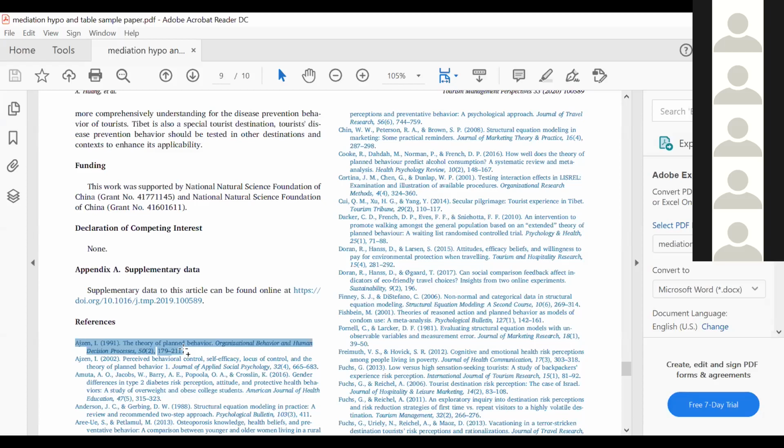Doesn't matter. It depends on the journal, but the basic format is the same. Theory of planned behavior. Now this is the title. Organizational Behavior and Human Decision Processes is the name of the journal.